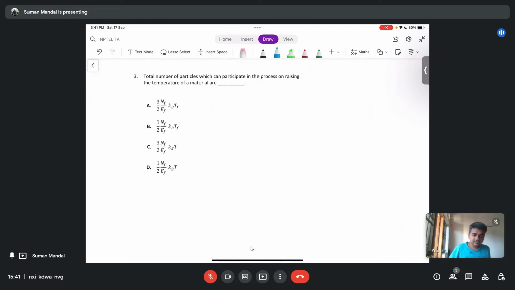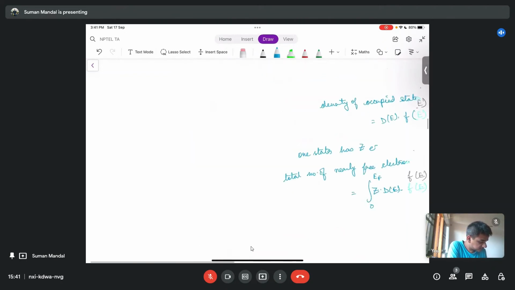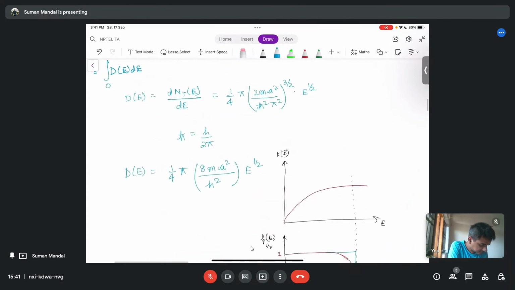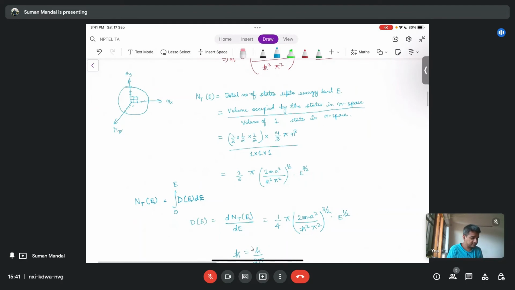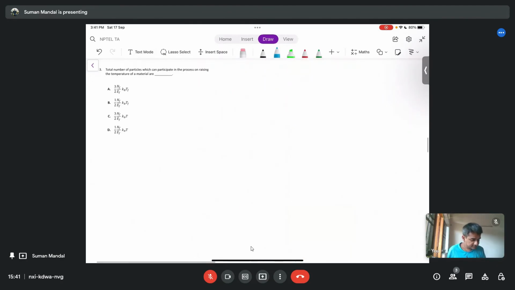Let's solve it. I don't have the ready-made solution, so we'll directly take the equations, the solutions from here for dE and the value of the total number of states. Let's write them down here.